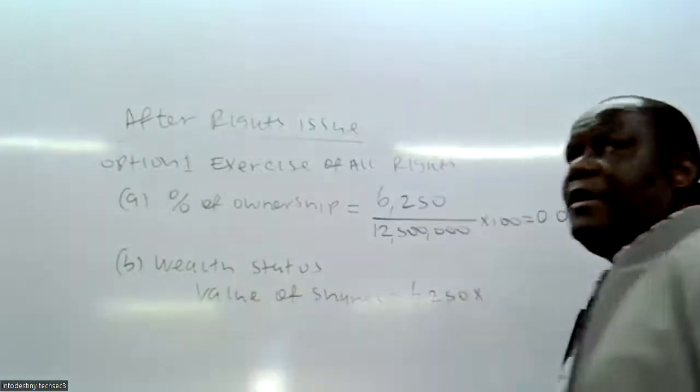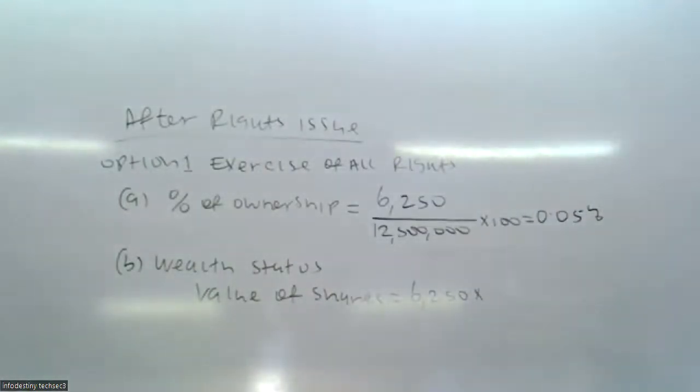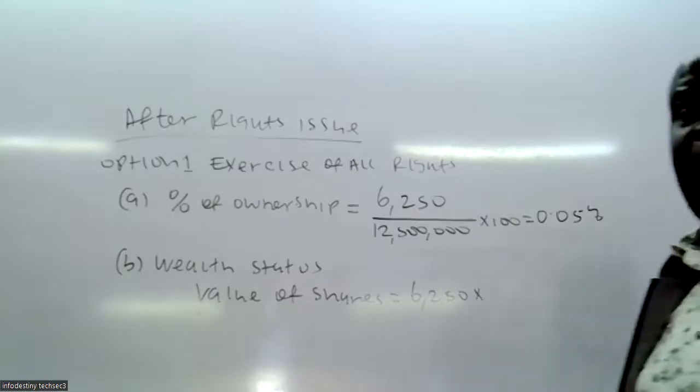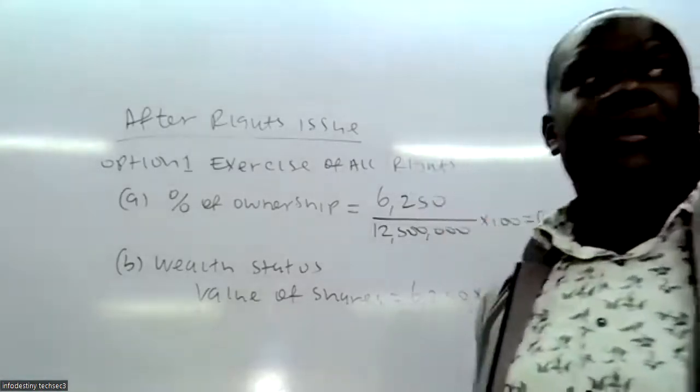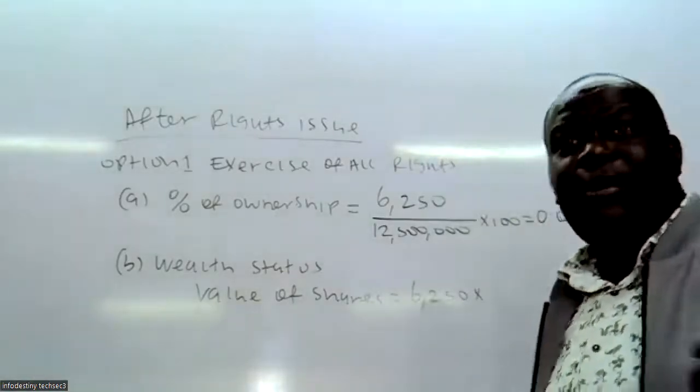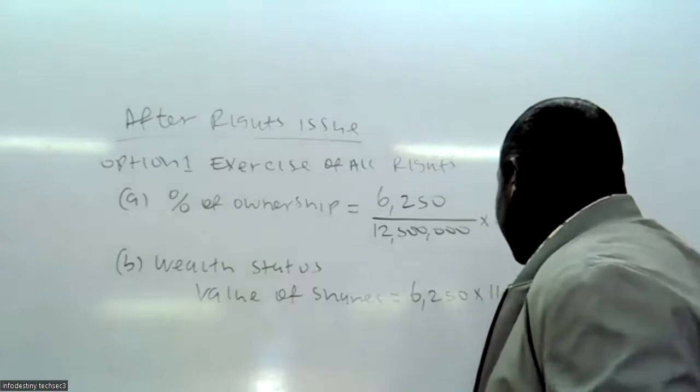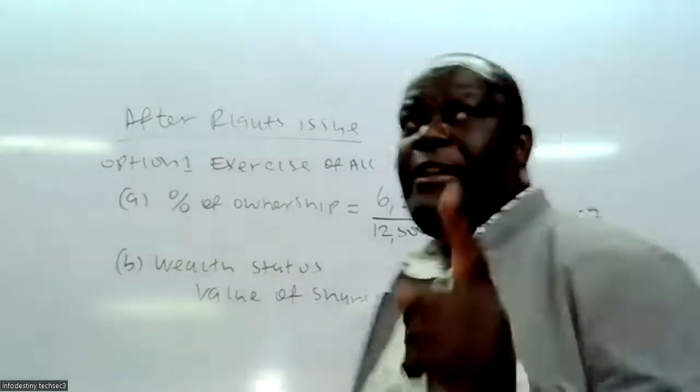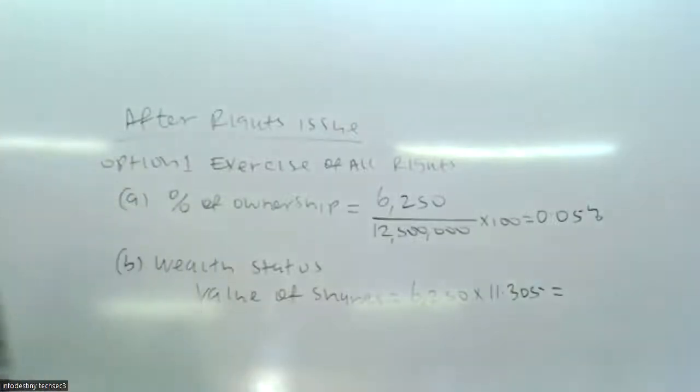So after the right issue, he has 6,250 shares. But after the right issue, all shares are valued at the theoretical exit price, not the current market price per share. So we had calculated that theoretical exit price. It was 11.305. Remember, after the right issue, all the shares are valued at the theoretical exit price.